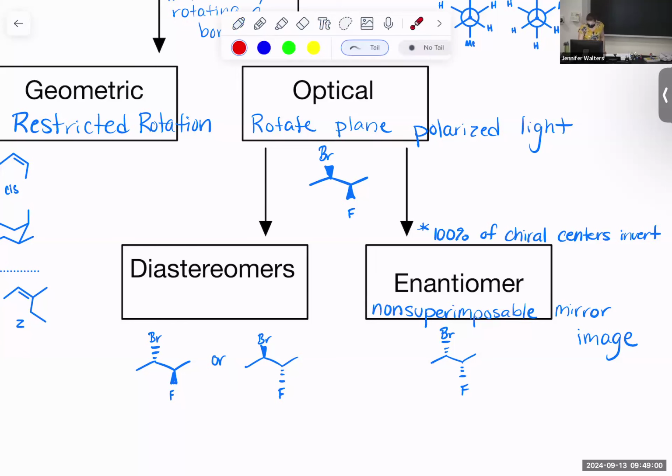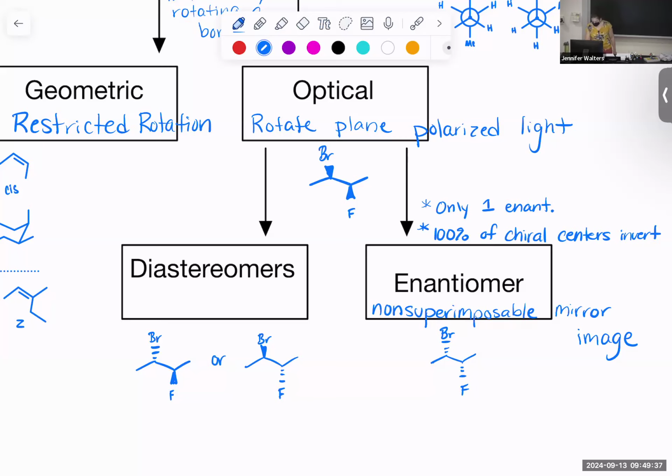So if this is my original molecule, every wedge goes to a dash. That makes it the enantiomer, because I'm inverting every single chiral center. Every wedge goes to a dash, every dash goes to a wedge. That is my enantiomer. You will only ever have one of them, because there's only one way to flip everything. If you're inverting everything, you can only do it one way.